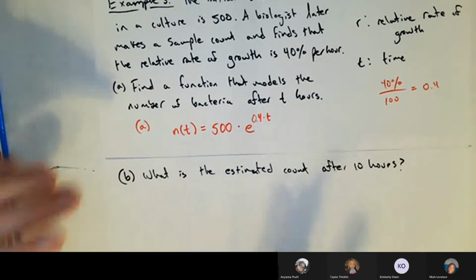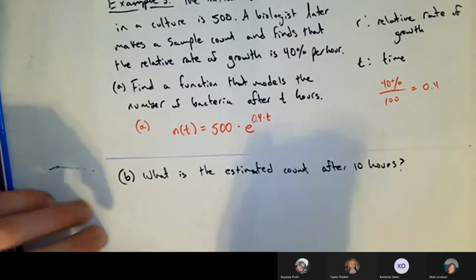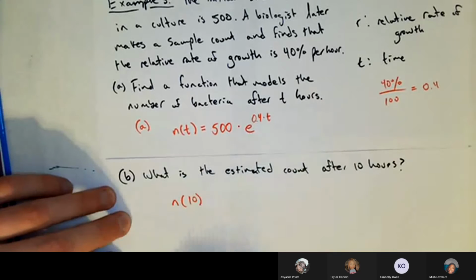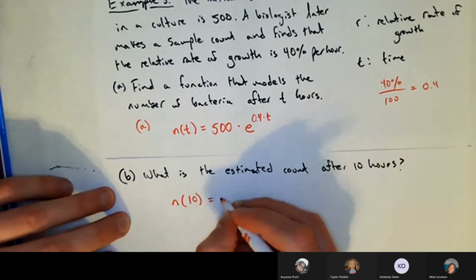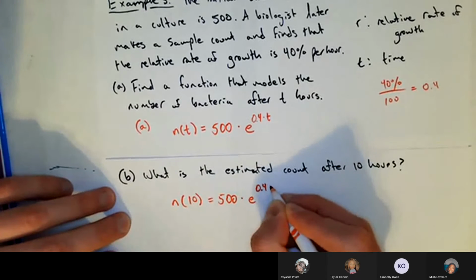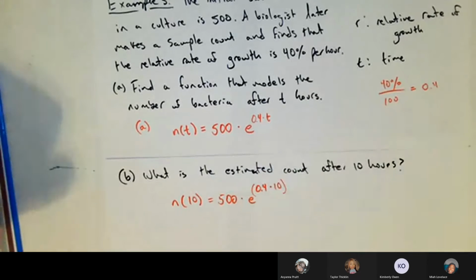Well, T is 10. Do I have any funny business going on with the time units? No, everything is given in per hour here, and this is given as hours, so no need to worry about that. So the appropriate way to write this would be N of 10, because T is 10, is equal to 500 times e raised to the 0.4 times 10. So that's up in my exponent up there.